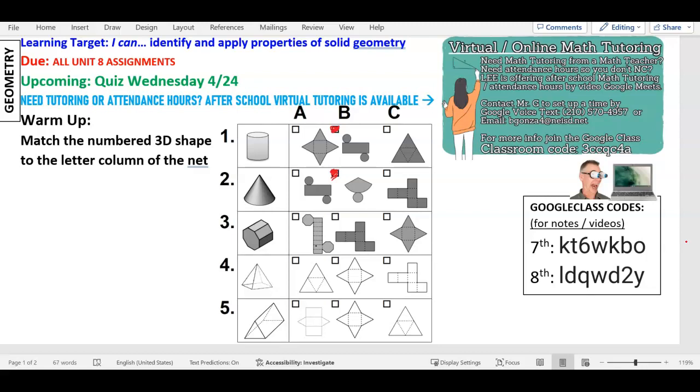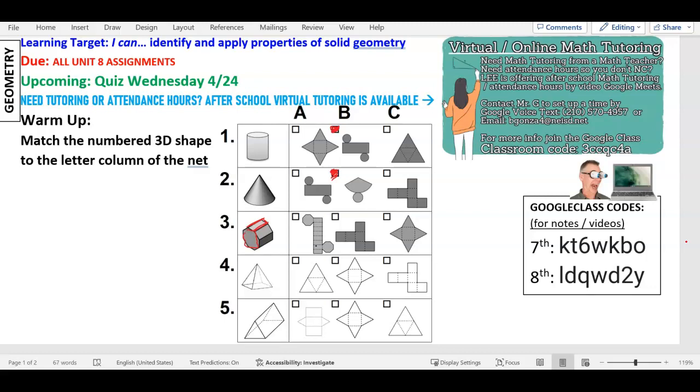So it has an octagon on the face, and it's being connected by what shapes on the side here? Rectangles. What do you call it when the bases are connected by rectangles? It starts with a P. From your notes yesterday.